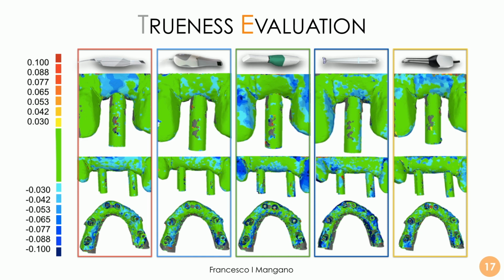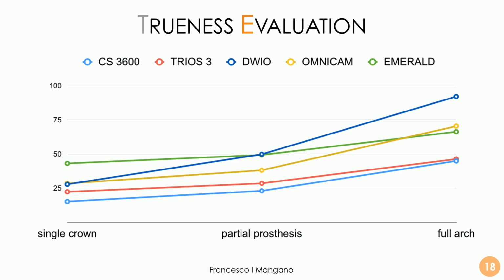As we can see, it's easier to capture an accurate scan of a single implant compared to the bridge, and of course compared to the full arch it is much more difficult. The best results were obtained by the CS3600, then the Trios also performed very well.